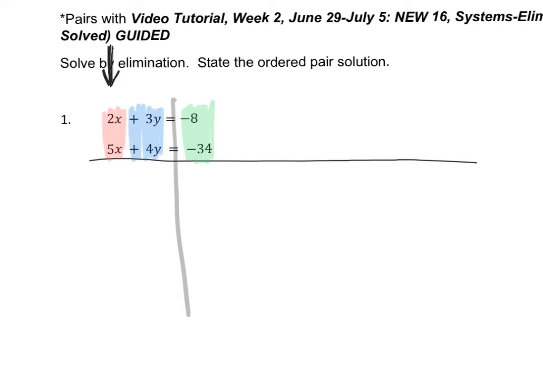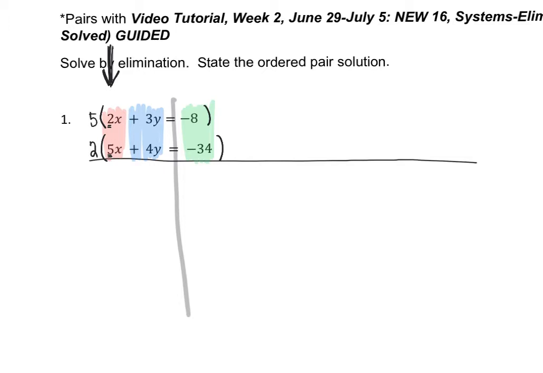Since I want the x's to eliminate, I'm going to multiply both equations. And what I do then is switch the coefficients. See how this has a 2 on it? I'm going to multiply the bottom one by a 2. And see how this has a 5 on it? I'm going to multiply the top one by a 5.